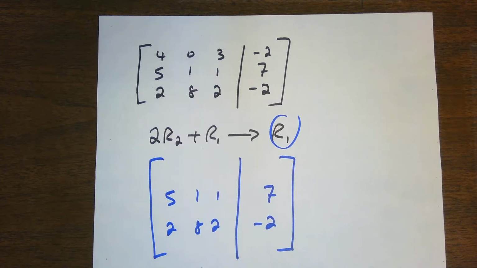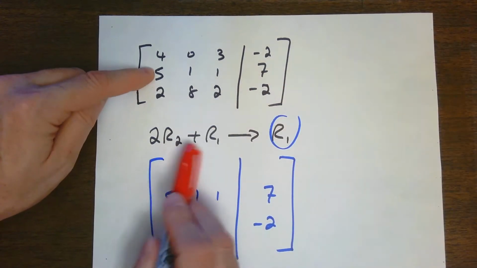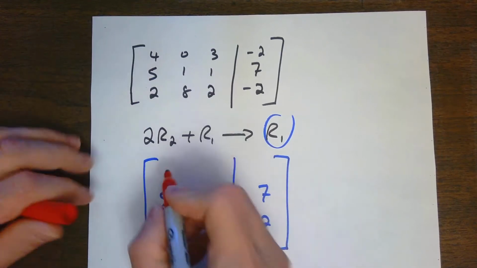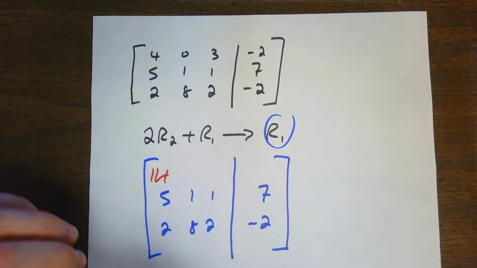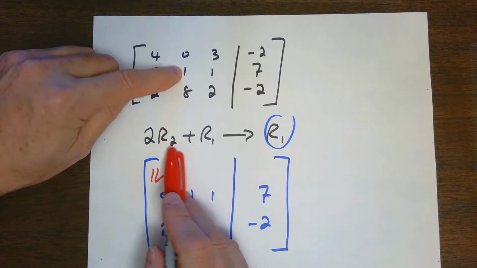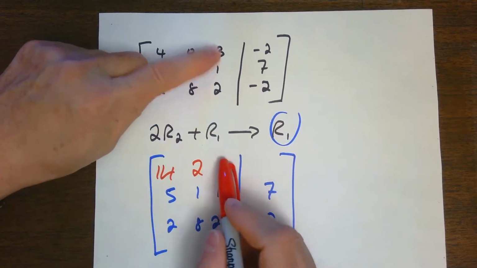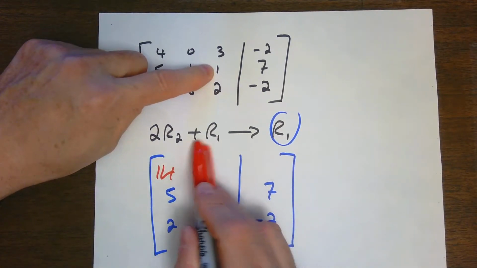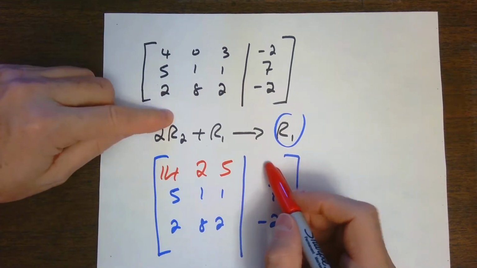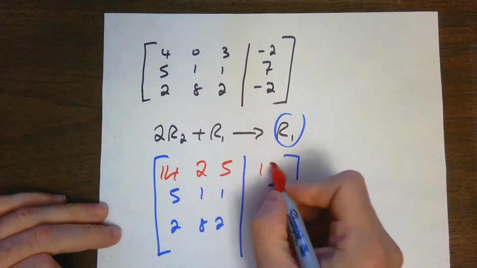Now, how am I changing this one? 2 times row 2, and add it to row 1. 2 times 5 is 10, plus 4 is 14 is the new entry in row 1, column 1. 2 times 1 is 2, plus 0 is 2. 2 times 1 is 2, plus 3 is 5. 2 times 7 is 14, and negative 2 is 12.